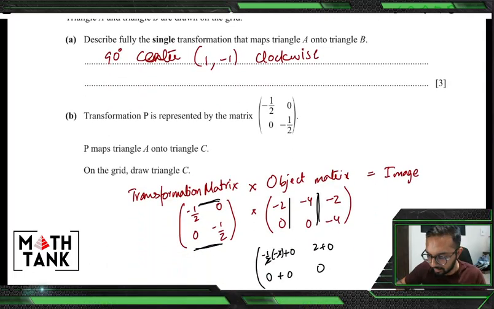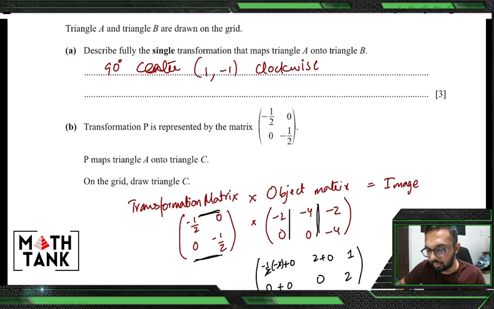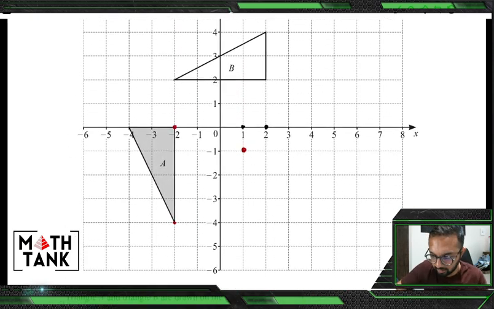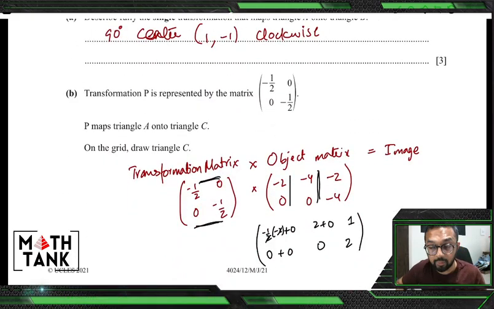And I can obviously see that minus half into minus 2 would give me 1, and 0 into minus 4 would give me 0, and 0 and 2, that would give me 1 comma 2. So 1 comma 2. So that is what triangle C would look like.